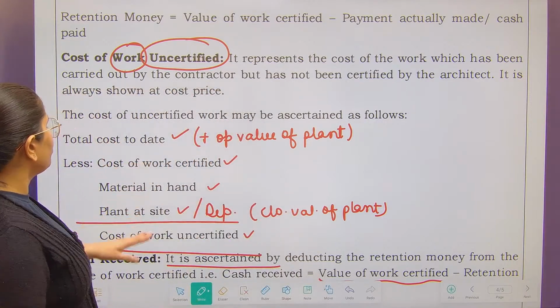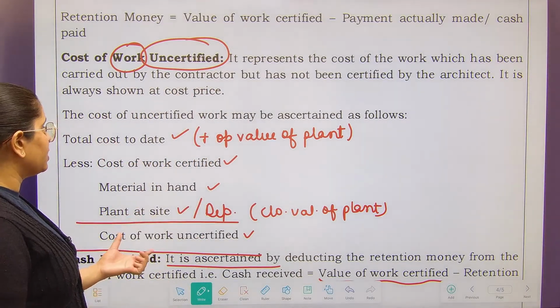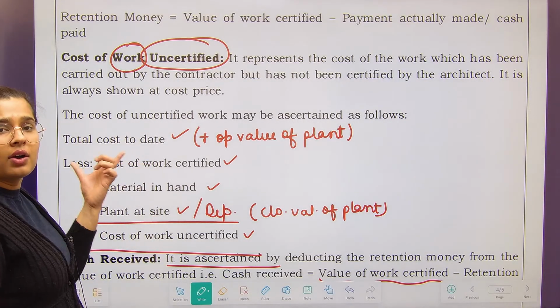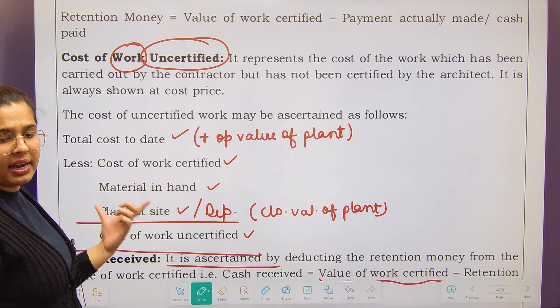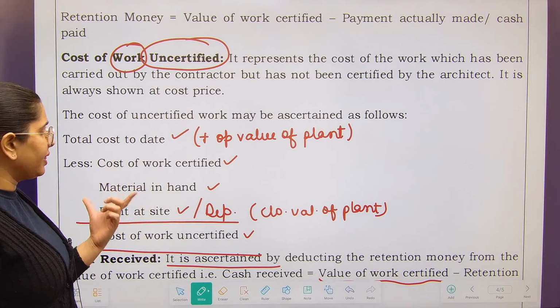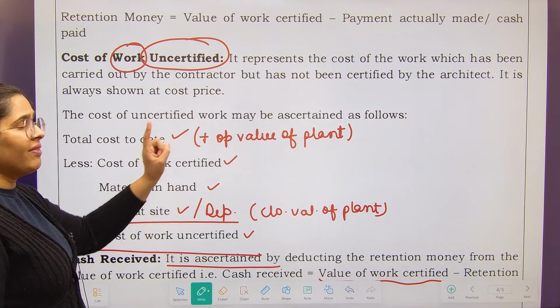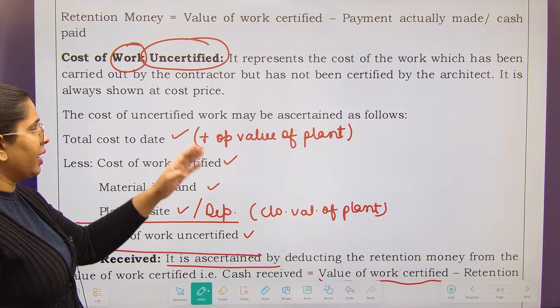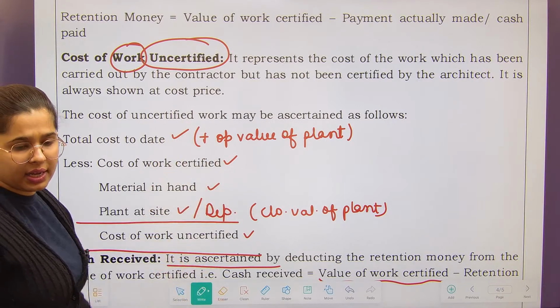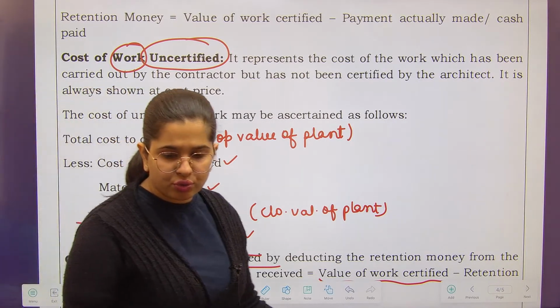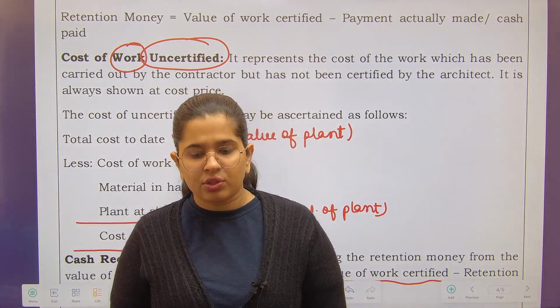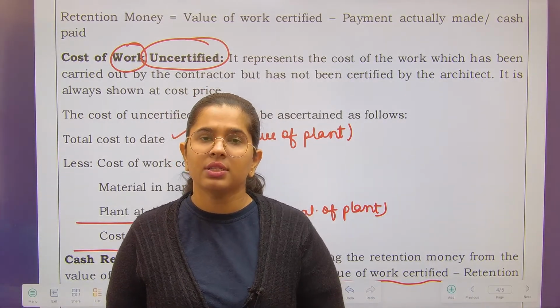So remember how you find the cost of work uncertified: whatever cost you have incurred till date, less cost of work certified, less material in hand, and then plant at site. Opening value of plant at site you write over here, and the closing value you write over here. The difference automatically comes out as depreciation and you do not have to include that separately, right? So this is your cost of work uncertified.